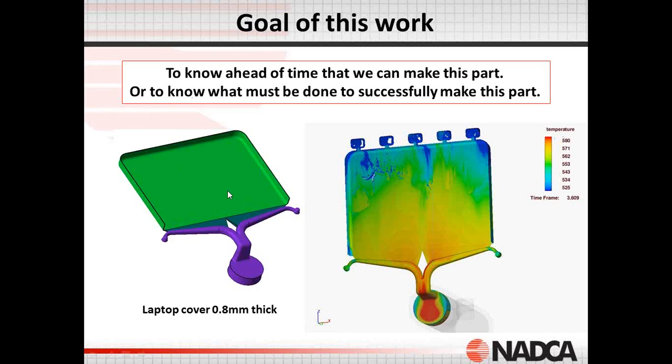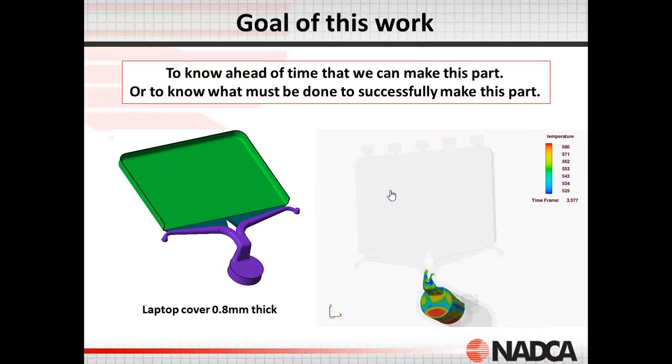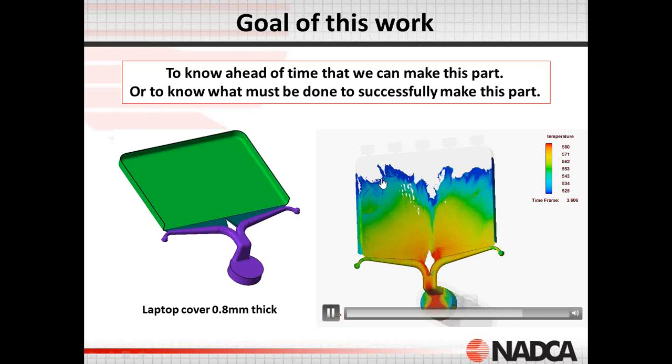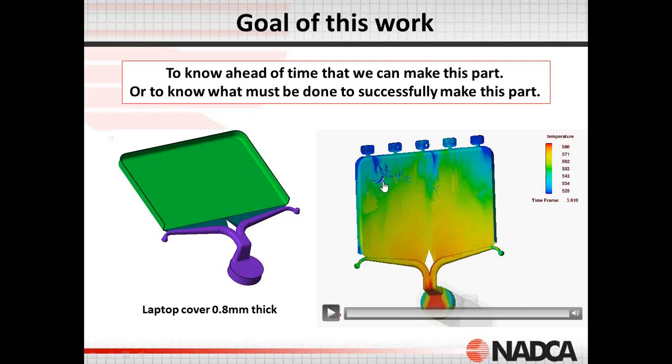So for the case of this 0.8 millimeter thick laptop cover, if our simulation can predict a physical defect, as you see here. So here's the flow simulation, tracking the heat loss, and when it freezes, it stops moving to demonstrate and show the exact mechanism and the probability region of where these cold flow defects can occur.